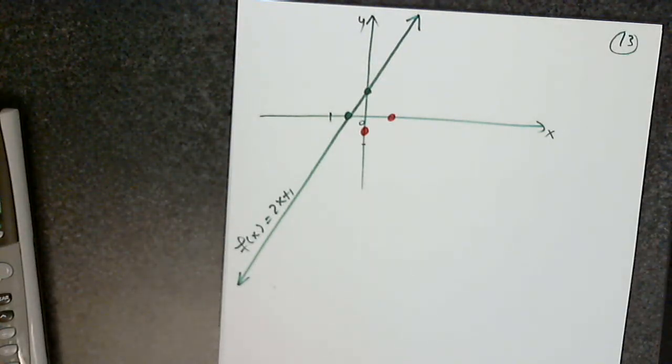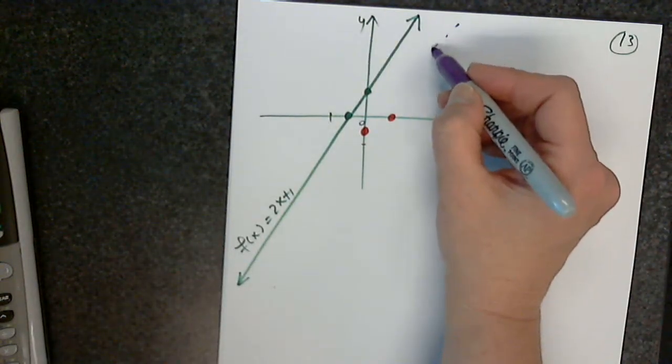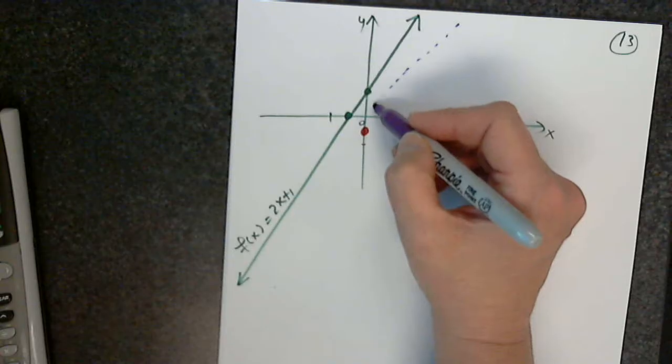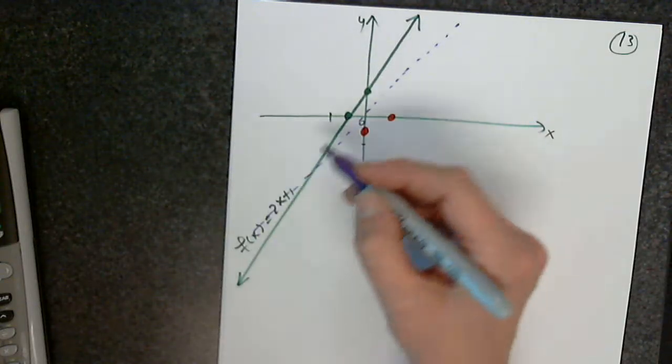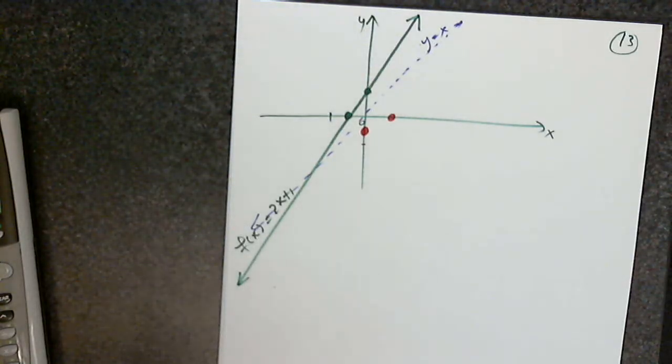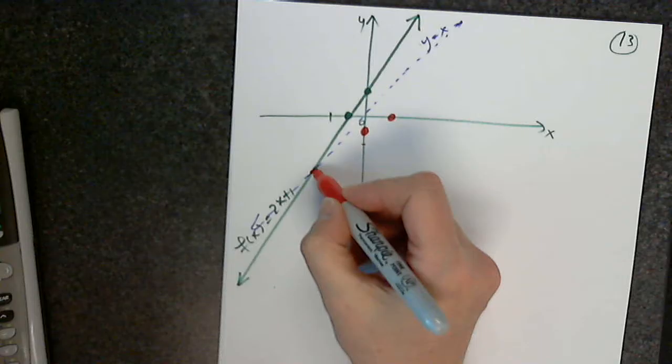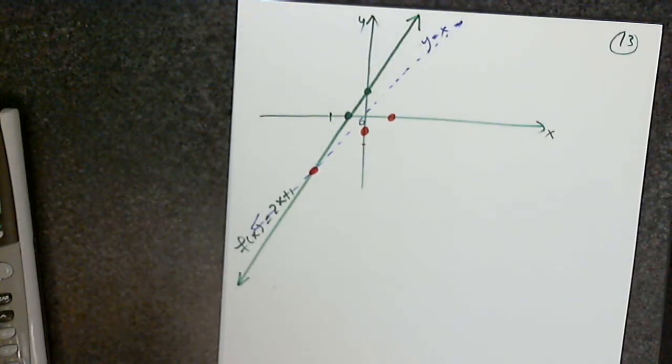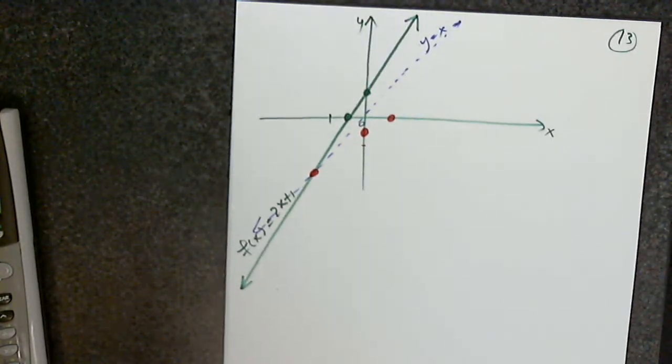I have to graph y equals x. Why do I graph y equals x again? Because I know that these two functions are symmetric with respect to y equals x. So therefore, this point where the function crosses y equals x, the inverse must cross as well.